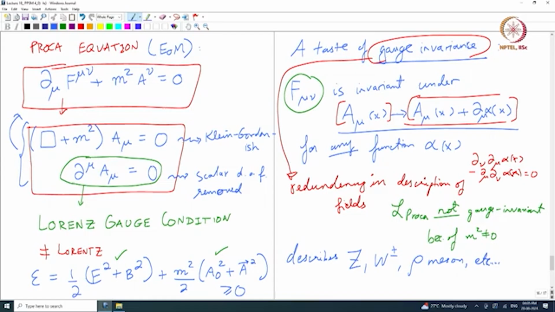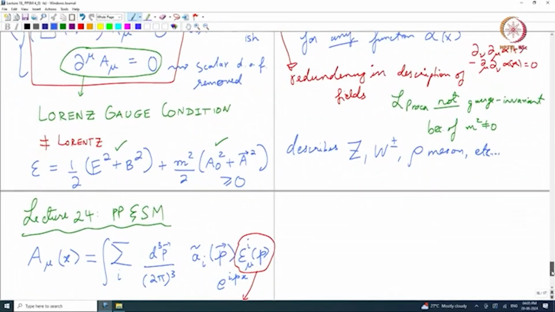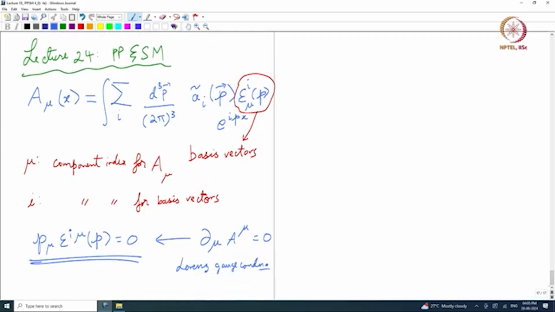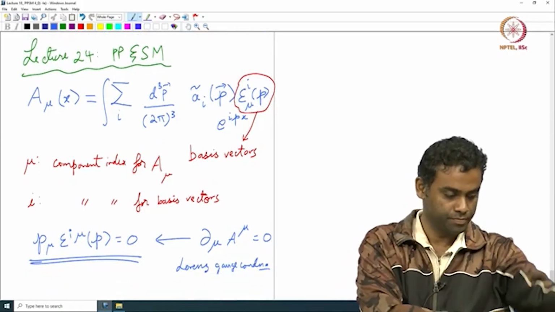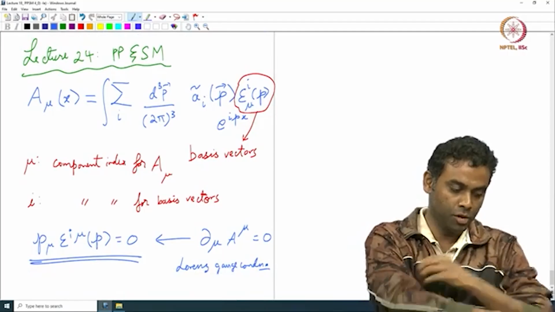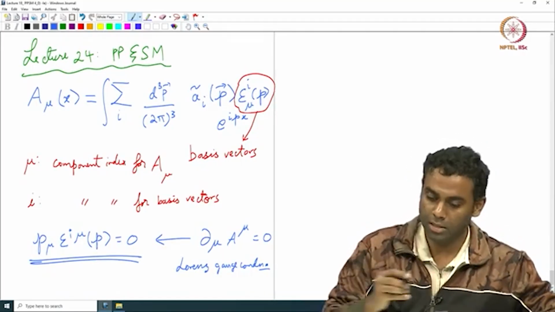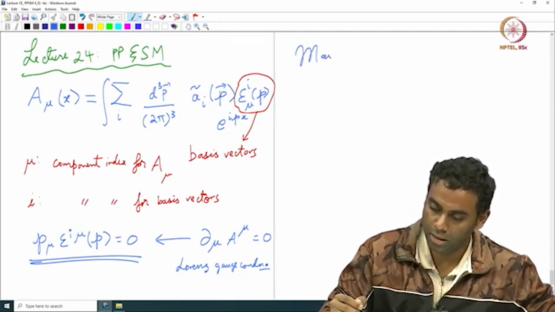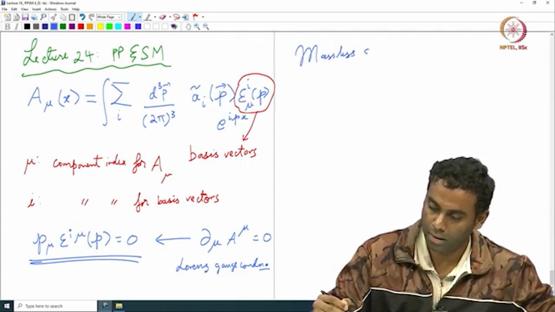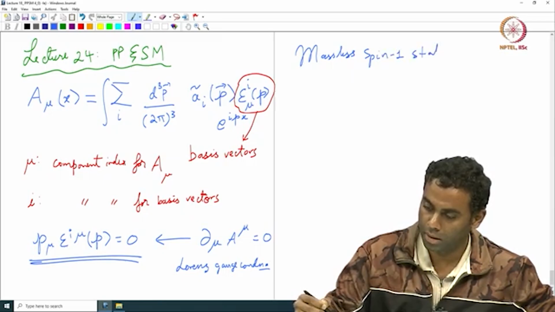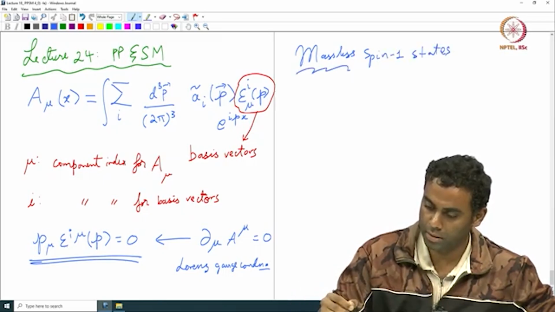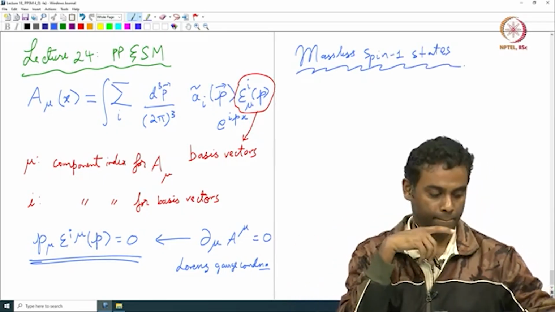This is how you do the embedding, and this is what we use for calculations. Okay, excellent. Now I think we have all the tools to construct a Lagrangian for massless spin 1 states. Okay.